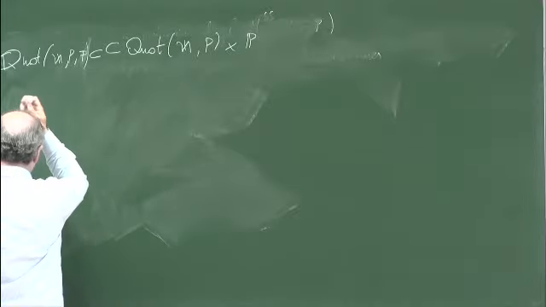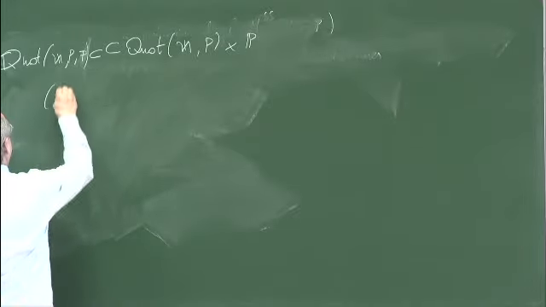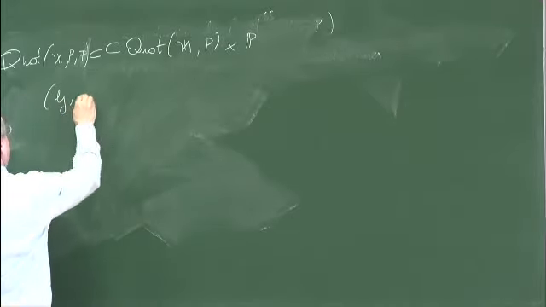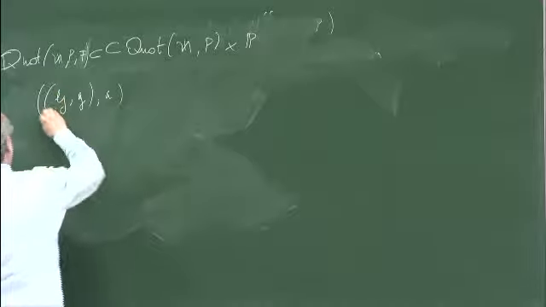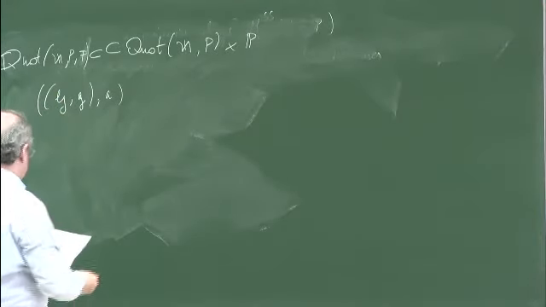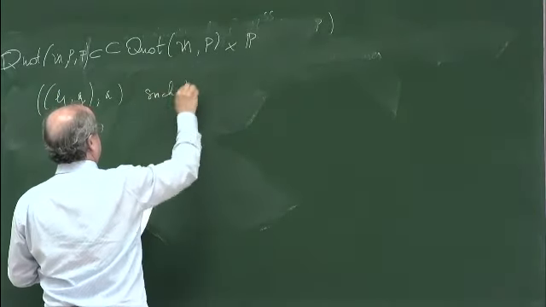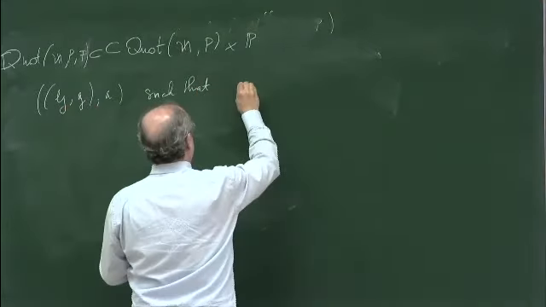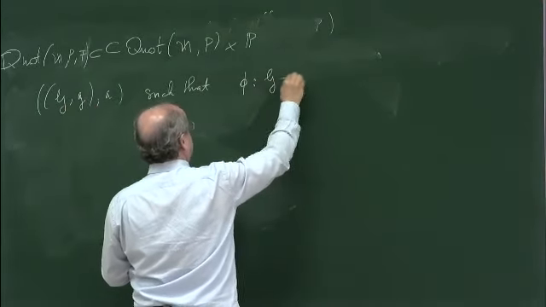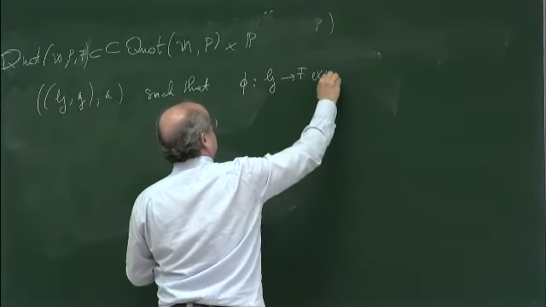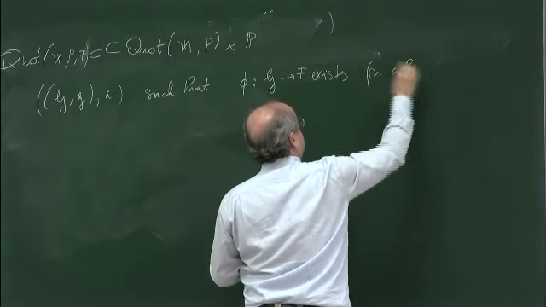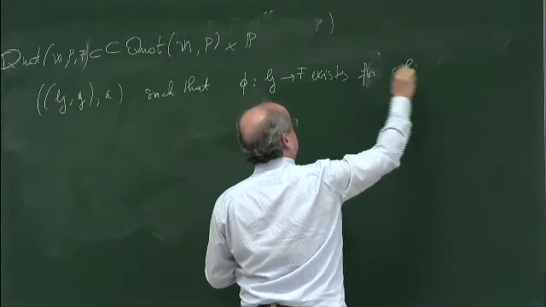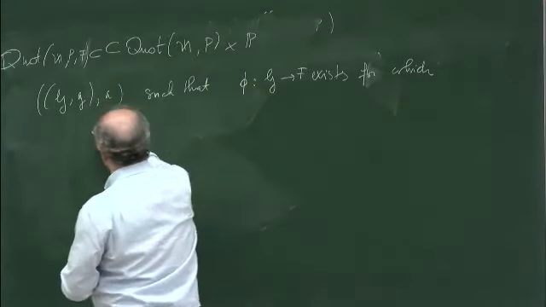And these are pairs, well, actually triples, because of course an element in the Quot scheme is a pair itself, such that a map phi from G to F exists, for which we have this situation.